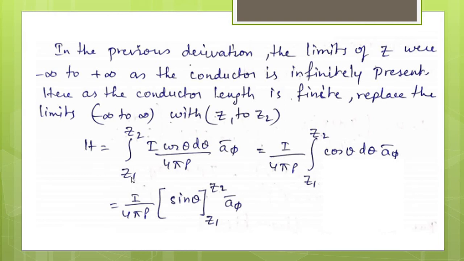So H is equal to integral I cos theta d theta a phi by 4 pi rho between the limits z1 to z2. So here also I by 4 pi rho, these are the constant terms, so put them outside the integral. Integral of cos theta d theta a phi between the limits z1 to z2. Again integral of cos theta is sin theta. So apply the limits z1 to z2.